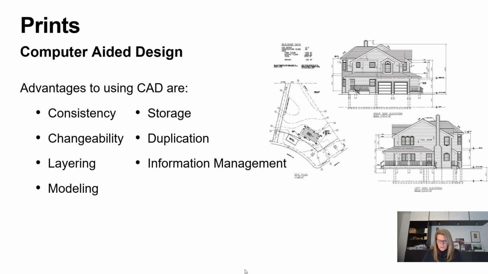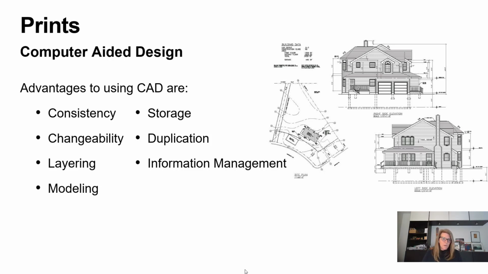Layering of information, so you can turn information on and off depending on what you're trying to show, is easy to do within the CAD system, whereas before it was literal layers of drawing, one vellum over top of another.